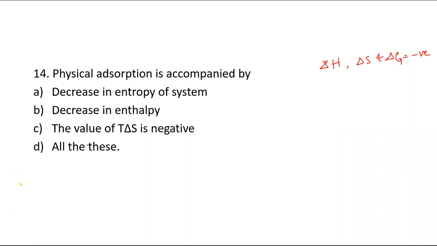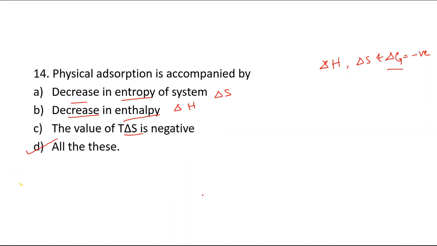All of them will be negative. So entropy is delta S, enthalpy is delta H, and the value of T delta S, which is related to delta G, is also negative. Decreasing is nothing but a negative value. All these are negative. Therefore, all of these is the right option. I told you this in the synopsis, when talking about the characteristics.